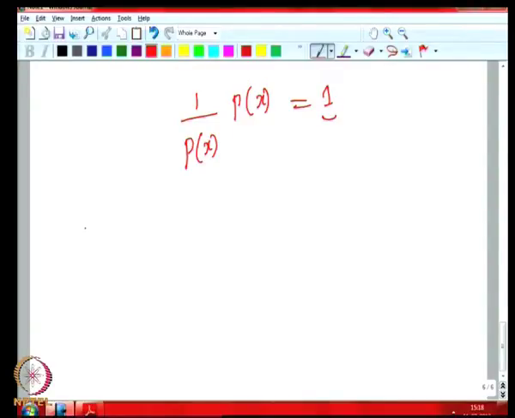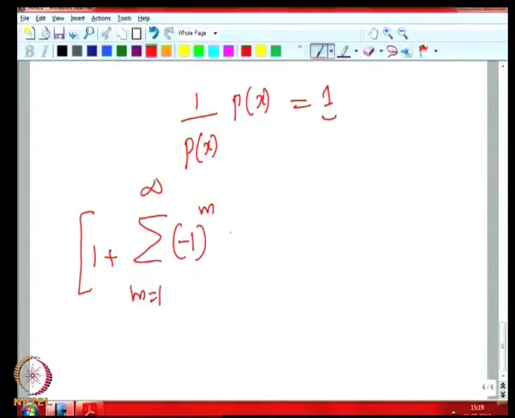1 by p of x is, as we have expressed, 1 plus sigma m equal to 1 to infinity minus 1 raised to m into x raised to omega of m plus x raised to omega of minus m, into p of x. P of x is what?